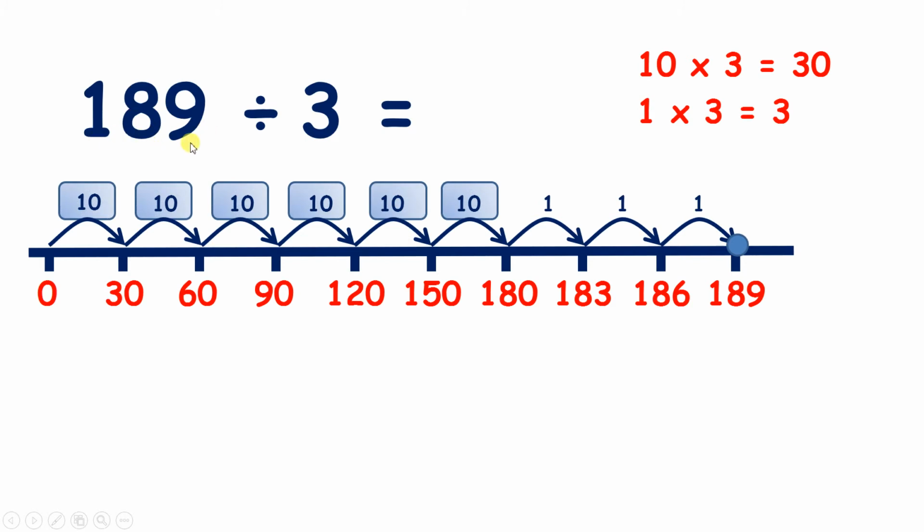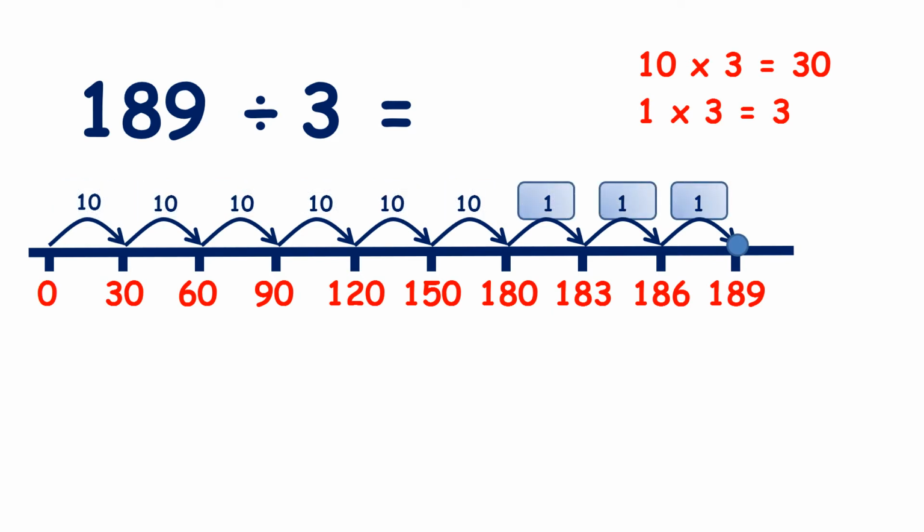So to get to 189, we counted in steps of 10 times 3, 6 times, so we needed 60 times 3 to get us to 180, and then we counted on another 3 steps of 3 to get us to 189. So altogether, we counted on 63 steps of 3, so 189 divided by 3 equals 63.